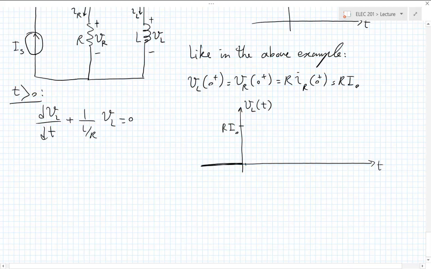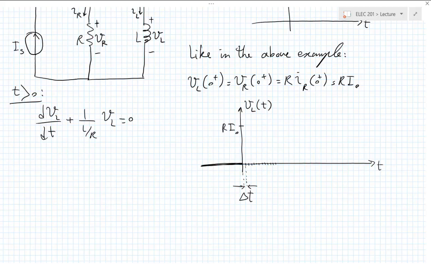So I will discretize my time axis in small steps delta t. It's a small step delta t. And of course, the smaller delta t, the better representation of a continuous problem you have with numerical discretization.